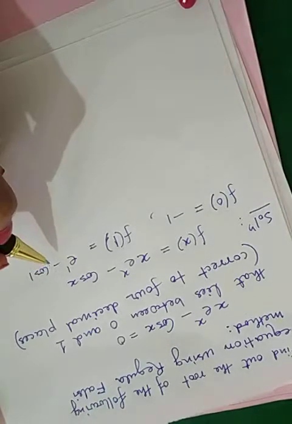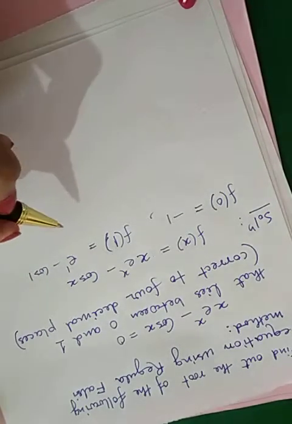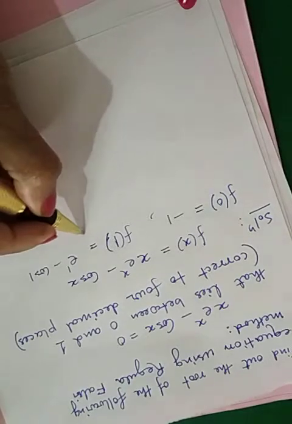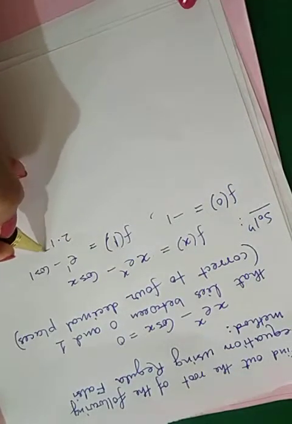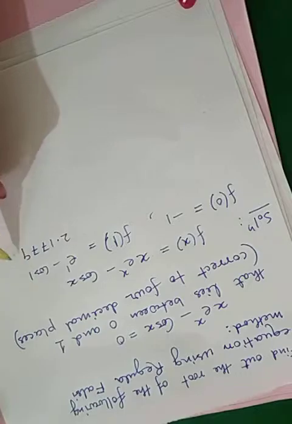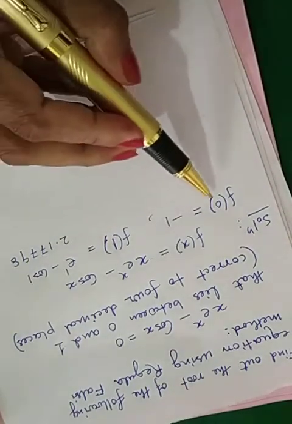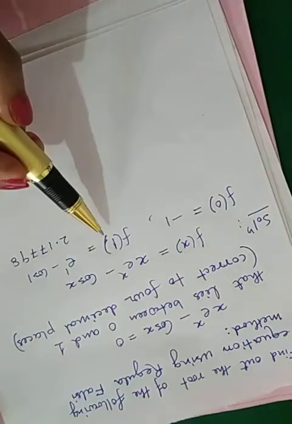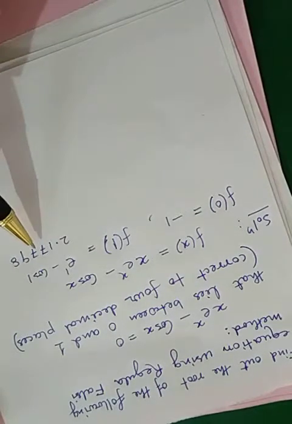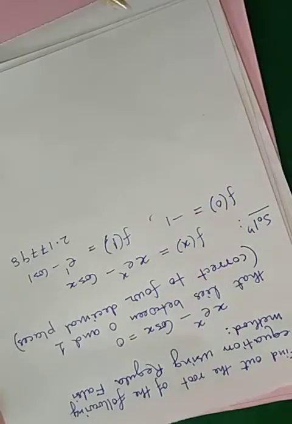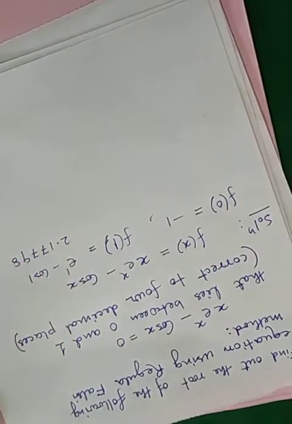If you find by calculator, you will get the value 2.17798. So look here, f(0) is negative and f(1) is positive. So according to the theorem, there exists a root in between 0 and 1.